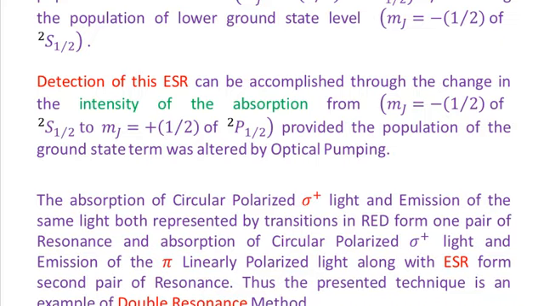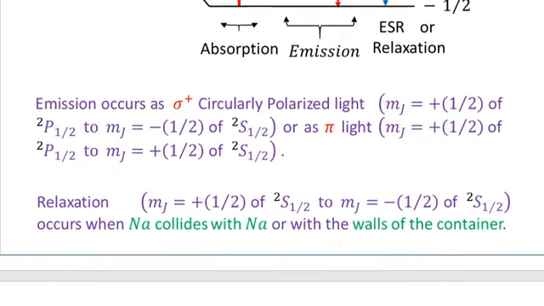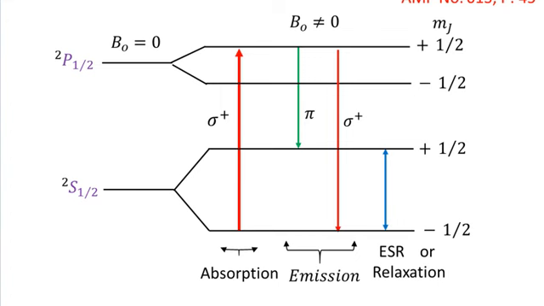So it is required that the transition from the Mj equal to plus half level of the ground state to the Mj equal to minus half level of the ground state be done optically, using induced energy from the magnetic field B1. So this transition must be an optical transition if you want to measure the separation between these two levels.